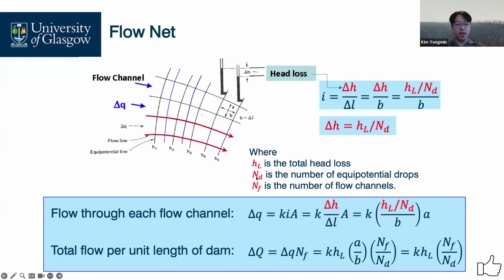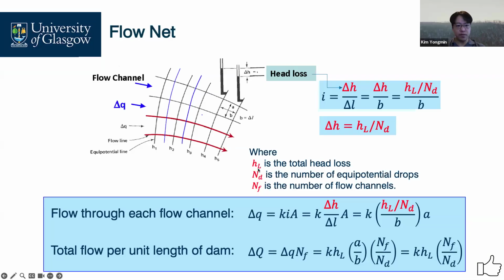One is the number of equipotential drops rather than the number of equipotential lines. Here we have 1, 2, 3, 4, 5 equipotential lines, but a different number of equipotential drops. Later on, we can count. And then Nf is the number of flow channels rather than the number of flow lines. Here the lines are 1, 2, 3, 4, but the channels are 1, 2, 3.